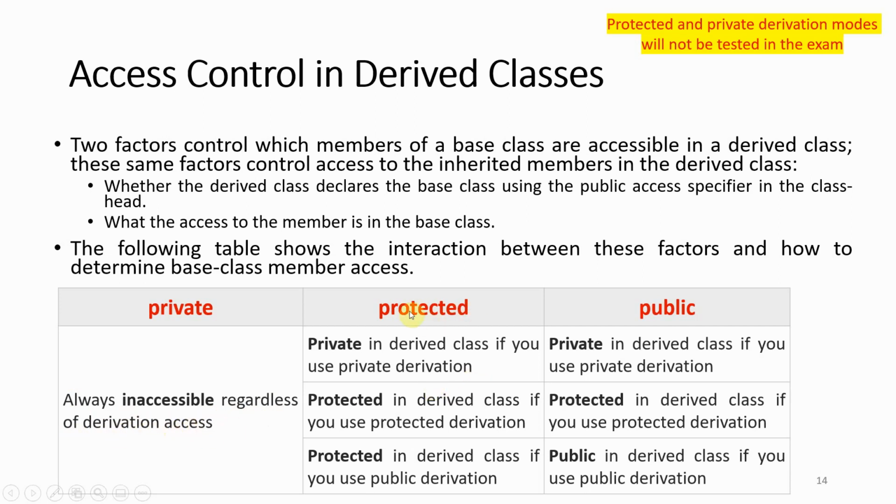If they are protected, you can think of these as two different filters, right? If the derivation access mode is public, they're going to remain protected, because public, as a filter, is less tight than protected.